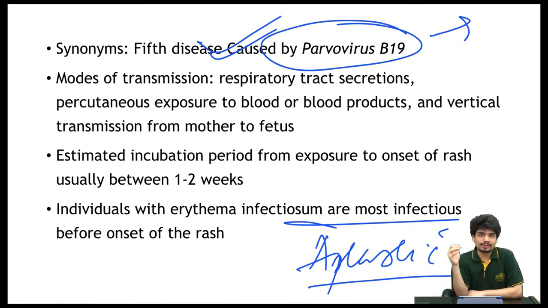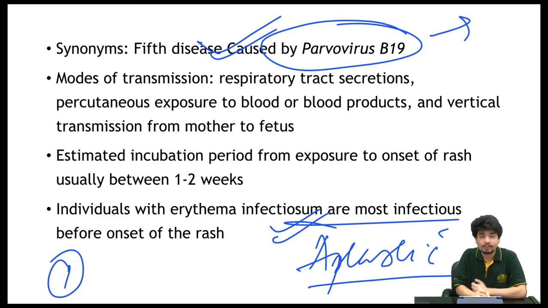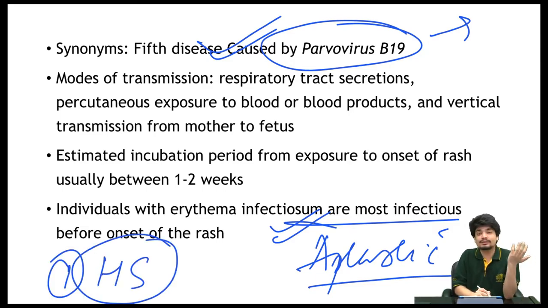It halts the production of the progenitor RBCs, so it causes the aplastic crisis, which becomes much more severe, especially if someone is suffering from a hemolytic anemia. For example, someone who's suffering from hereditary spherocytosis, the aplastic crisis in hereditary spherocytosis is typically caused by parvovirus B19.